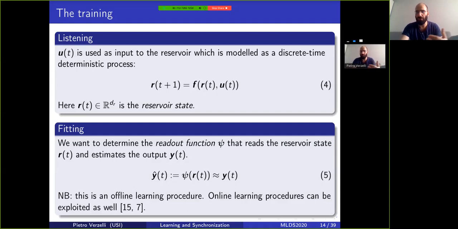But of course, online learning procedures can be exploited as well, and sometimes they have advantages over it. But we'll only be limiting ourselves to the offline procedures. So again, at first you generate all your states by feeding the signal into your reservoir, and then you train the system to generate your desired output out of each state.